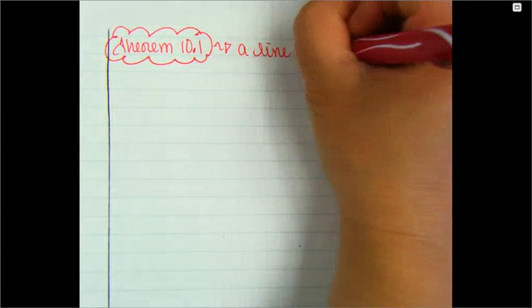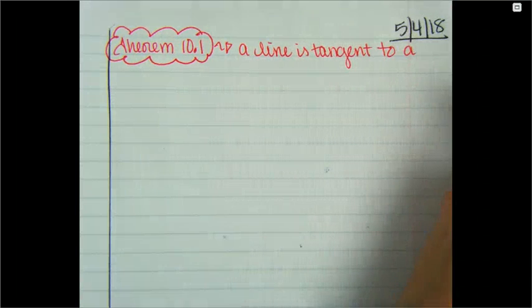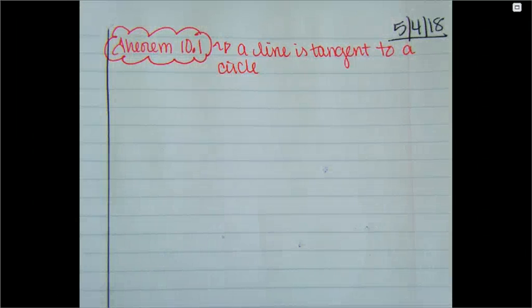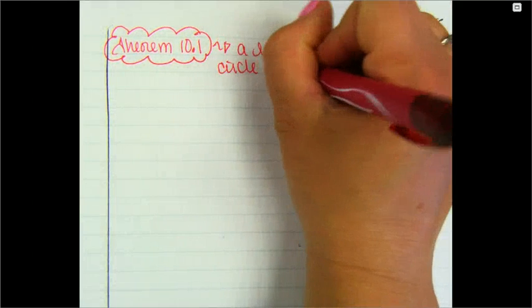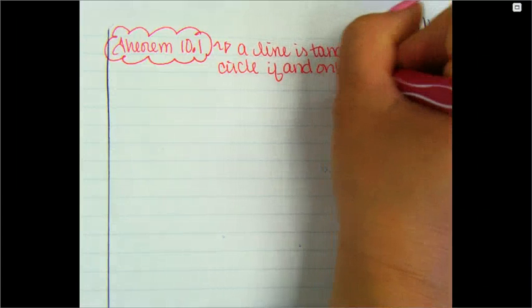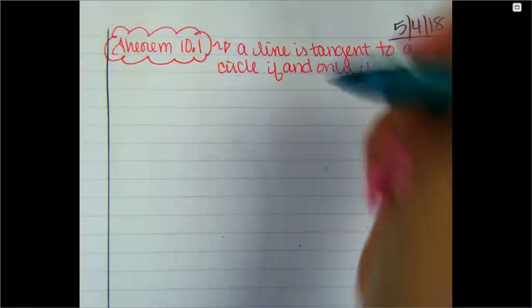Theorem 10.1 says, a line is tangent to a circle if and only if. Now, I will not write if and only if ever again.